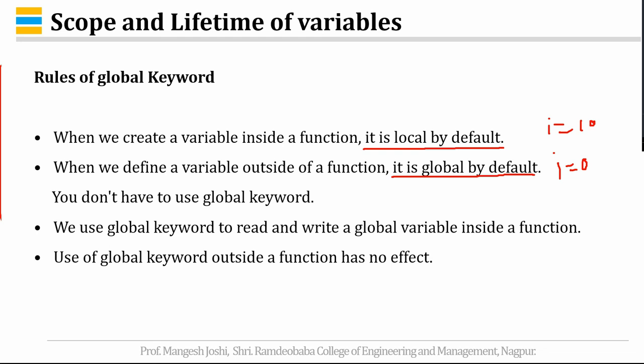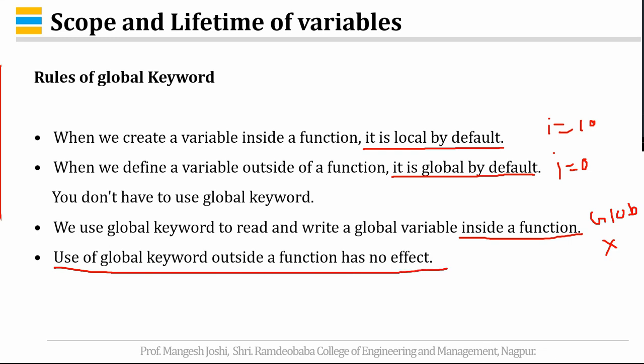We use the global keyword to read and write global variables inside the function. We have just written global x, so we have declared x as global. And use of the global keyword outside the function has no effect because it is global by default.